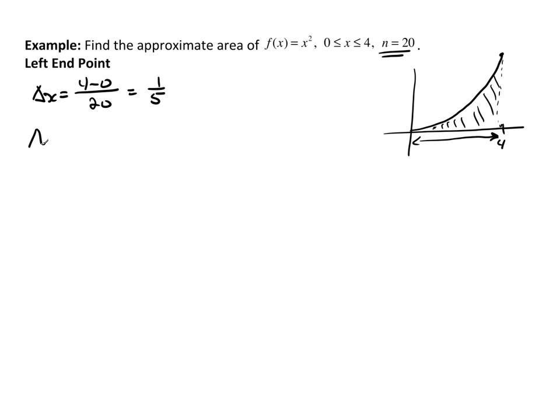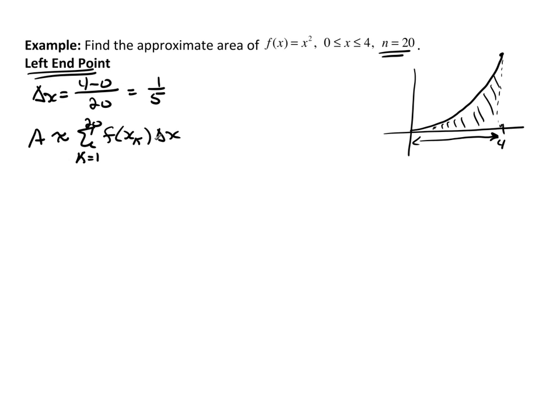So my area is going to be approximately equal to the sum k equals 1 to 20 of f of xk times delta x. And specifically, I said here, I want to use the left endpoint.